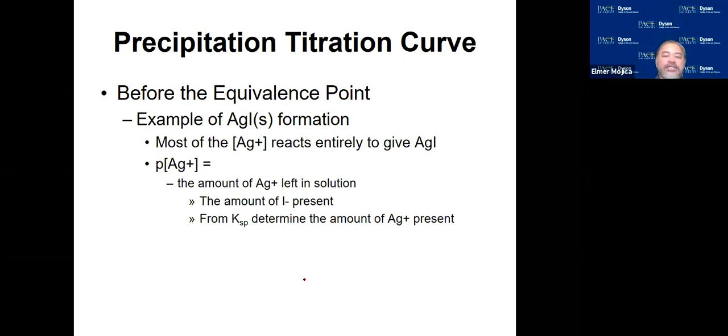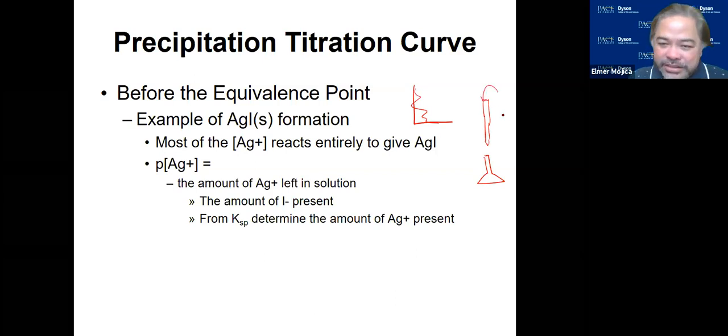So before the equivalence point, let's say this is your burette, and then you have a receiving flask. What do you think is in this burette, or what is the titrant?